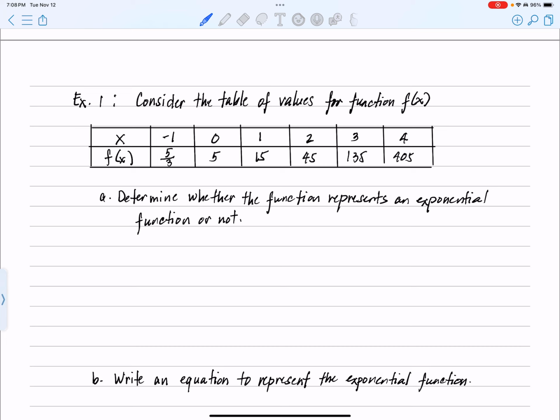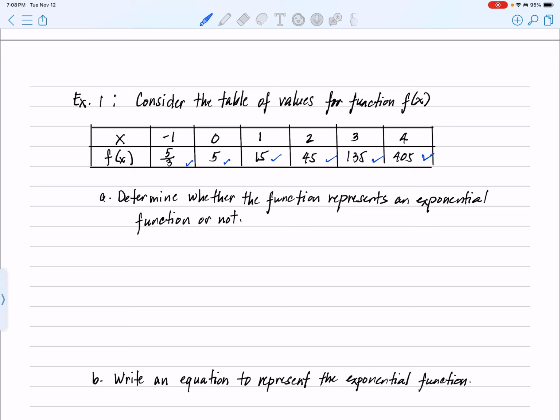Now, what are we going to do? Remember that to determine if the set of data represents an exponential function, we want to compare the successive y values, like 5/3, then it becomes 5, 15, 45, 135, 405, and determine if there is a common ratio.